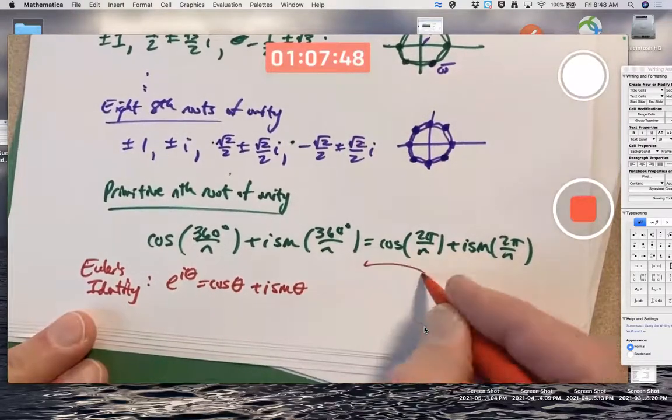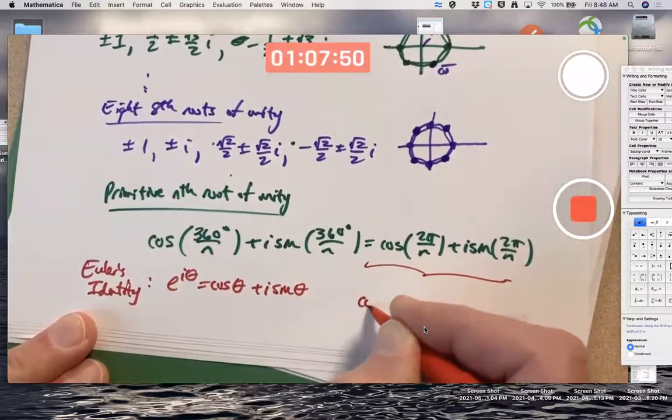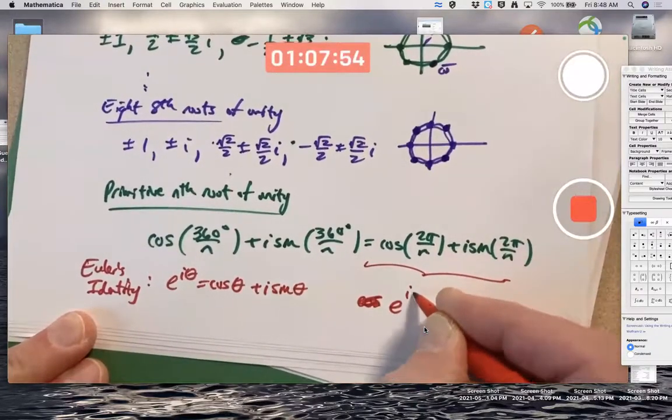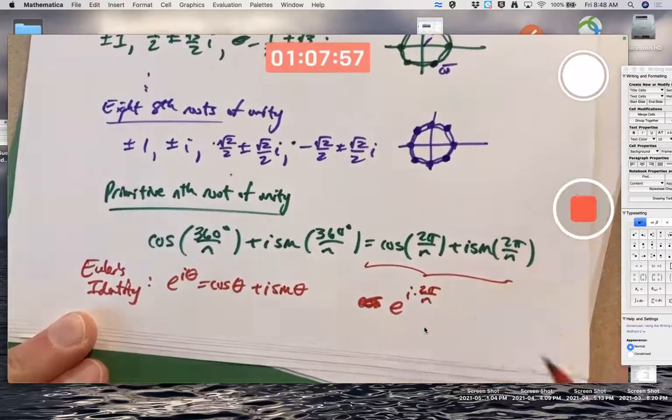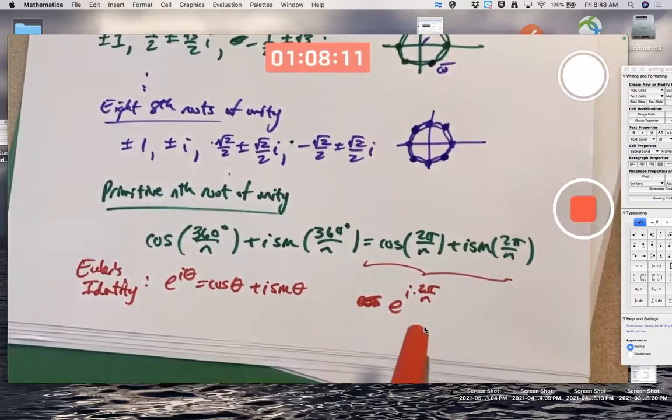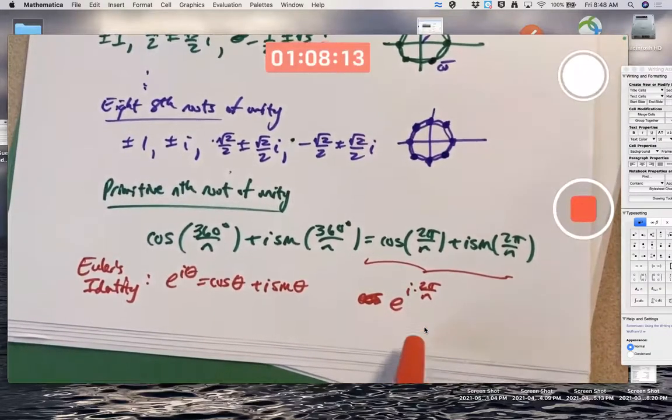In particular, this one is going to be e to the i times 2 pi over n. And all the properties of multiplication that I mentioned, the fact that the radial coordinates get multiplied and the angular coordinates get added in polar coordinates, correspond to properties of exponents here.